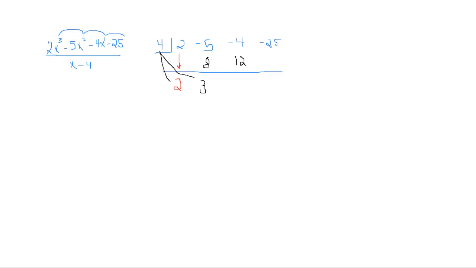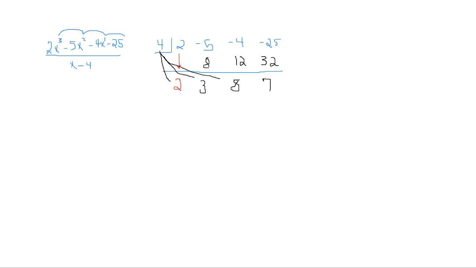And then I just add that column, and negative 4 plus 12 gives me positive 8. Then I multiply 4 times the 8, which is 32. And then 32 minus 25 is going to be what? Right, 7.